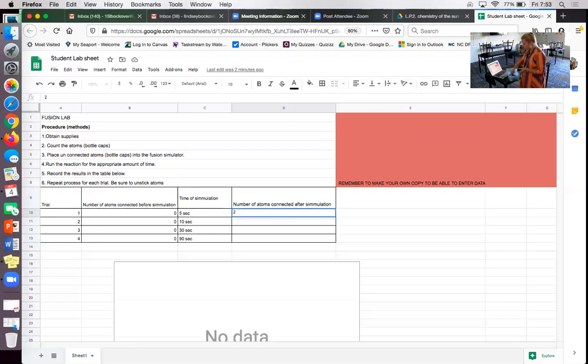Then for trial 2, you'd unstick them, restart them with 0 stuck together, and run the reaction for the second time. Trial 2 is 10 seconds.